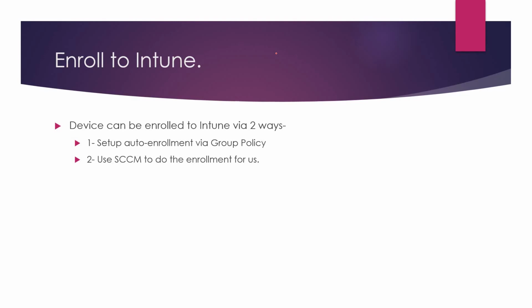The third possibility is making use of the SCCM console. From the SCCM console itself, we can enable enrollment to Intune. Once we go to the SCCM console, to the administration blade, and to the co-management blade, over there we have to link our SCCM console to the Intune console, and then it gives us the option of enabling auto enrollment to Intune.